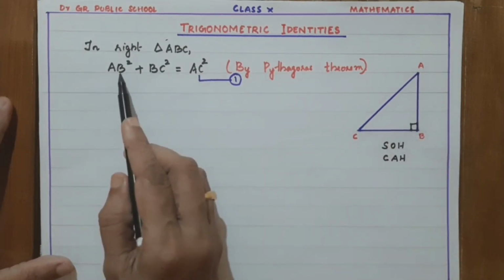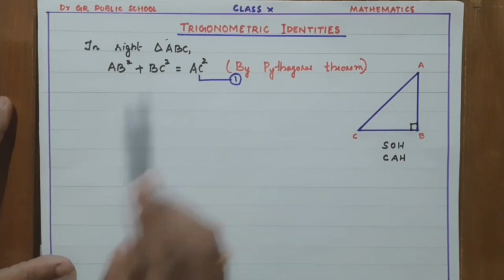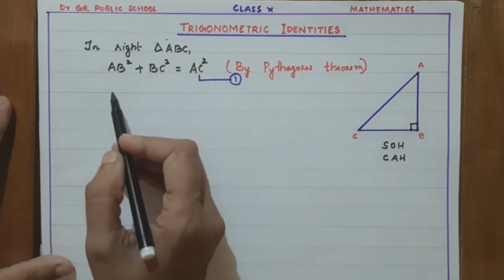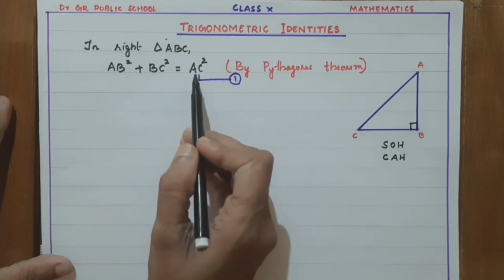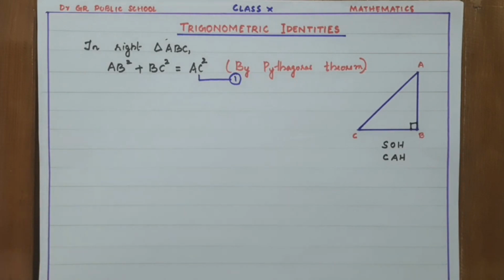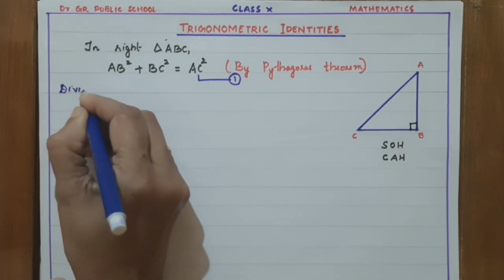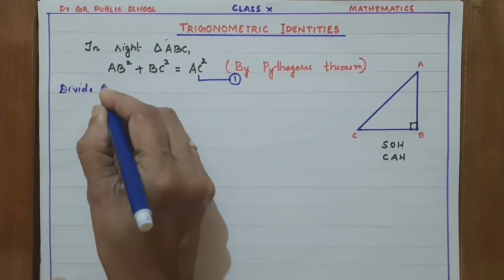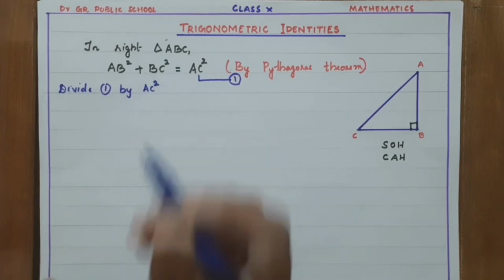Here we have the equation AB square plus BC square is equal to AC square. So now I am going to divide each term of this equation by AC square. Okay children, so we are going to divide equation 1 by AC square.